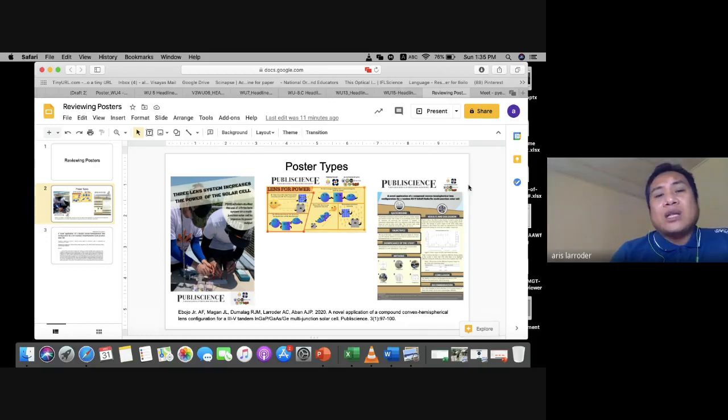And so for instance, in this case, we have "three lens system increases the power of the solar cell." So the statement alone would provide the participants the necessary triggers for them to ask, is there such a thing as a three lens system? Second, how can a system increase the efficiency of the solar cell?